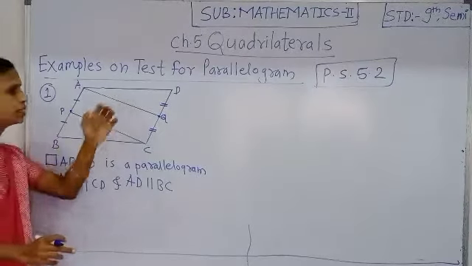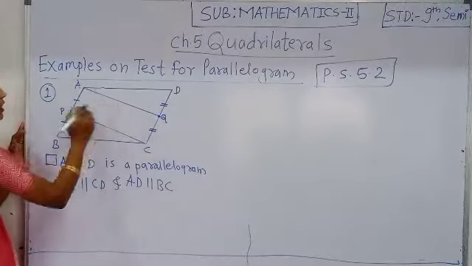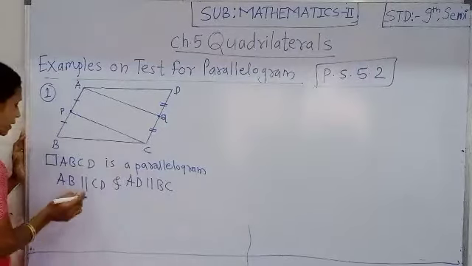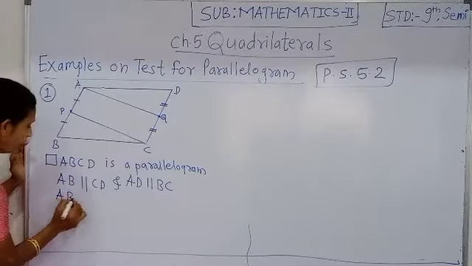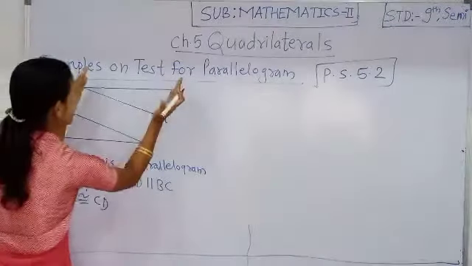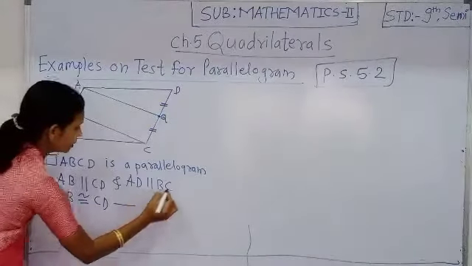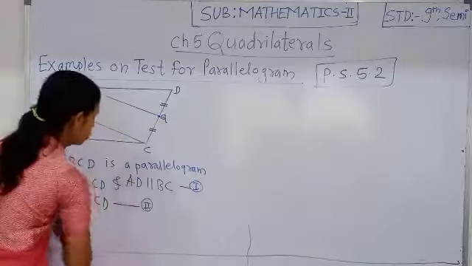As ABCD is a parallelogram, the opposite sides of a parallelogram are congruent. That we have proved already in a few theorems. Therefore we can write that AB is congruent to CD. Let this be equation number 1 and let this be equation number 2.